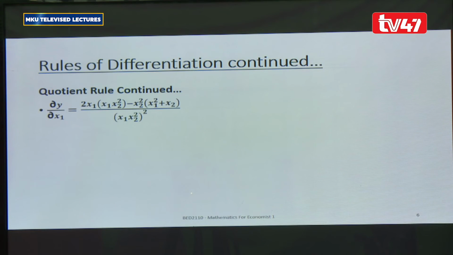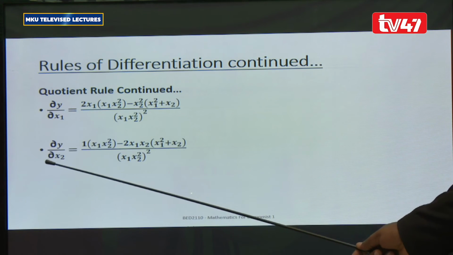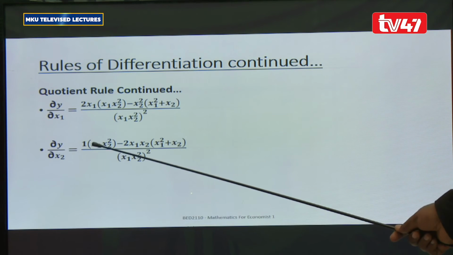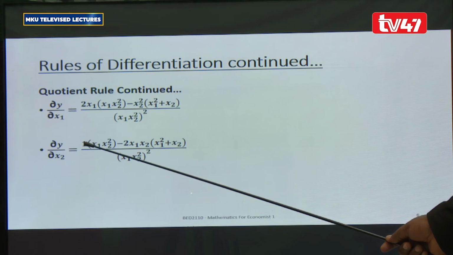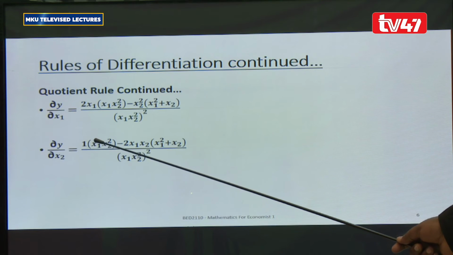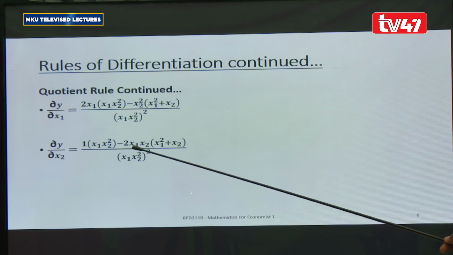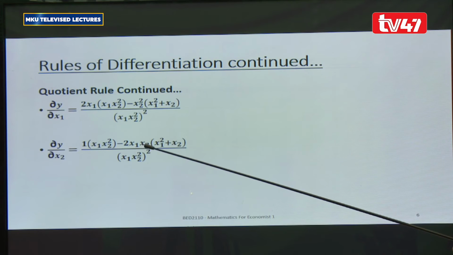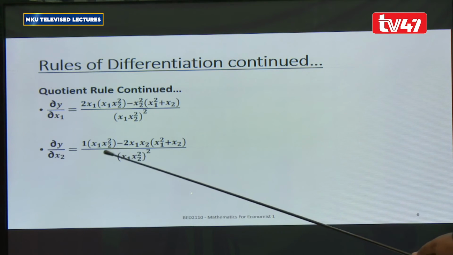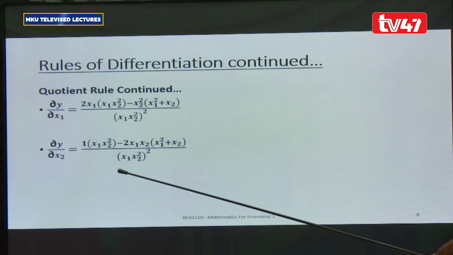We can perform the same for the partial derivative of the same function with respect to x2, and in this case we are having the result as 1. We are performing this partial derivative, then here to be minus 2x1 x2 multiplied by the first function, the whole of it divided by the denominator squared.